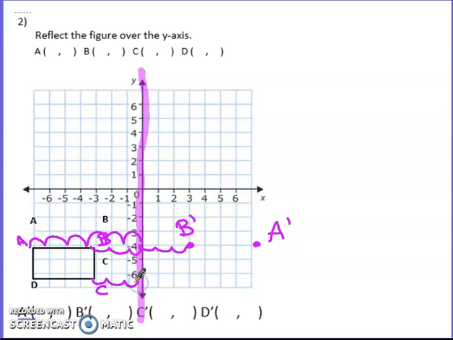C is 3 spots, so again, we're going to count 3. That is my C prime. And D, since it is a rectangle, is 7 spots, so I'm going to go 7 spots. And that's my D prime.